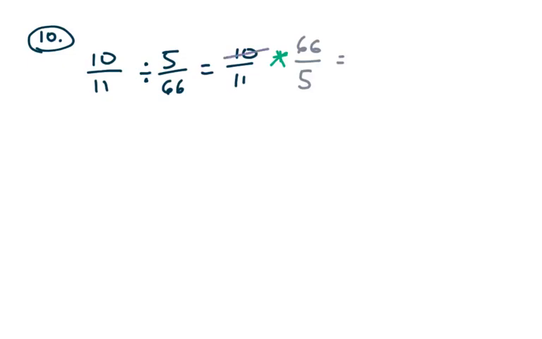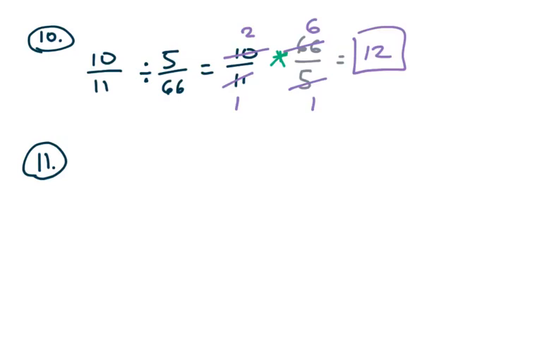We can see 5 and 10 are both divisible by 5, so this will be 2. 11 and 66 are both divisible by 11, so this will become 6, and this will become 1. So all I have left is really numbers on the top, so 2 times 6 is 12. 12 over 1 is just 12. And there's my answer. Cool beans.